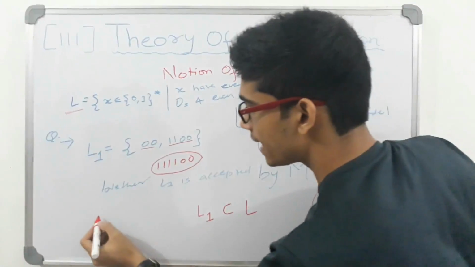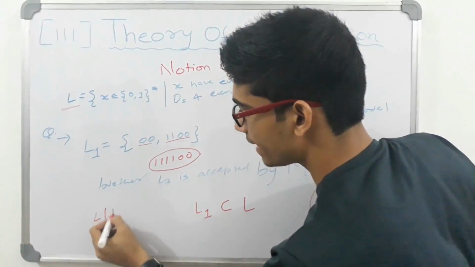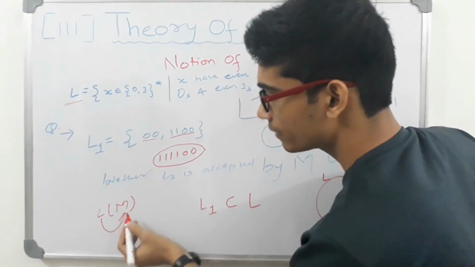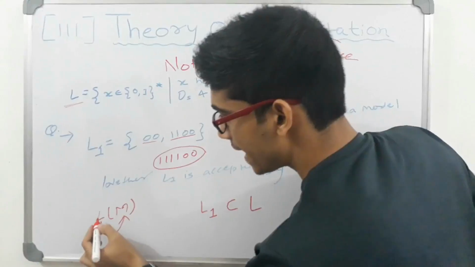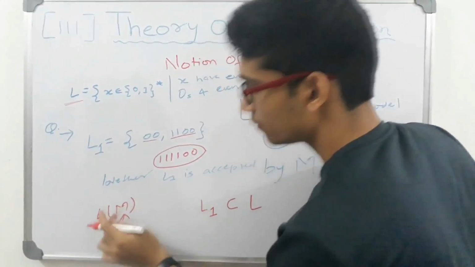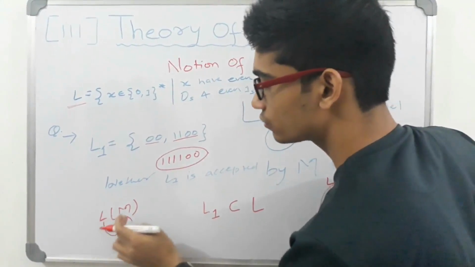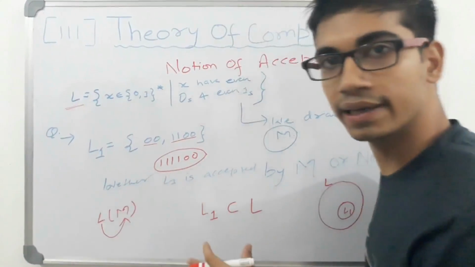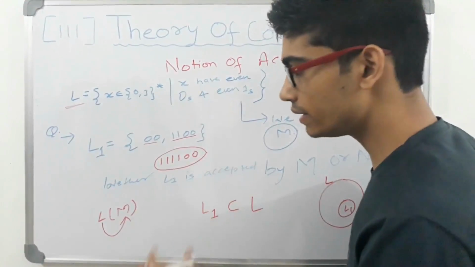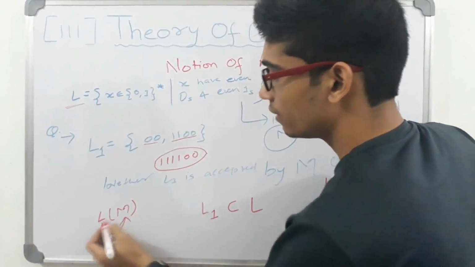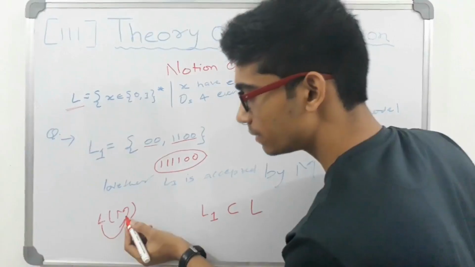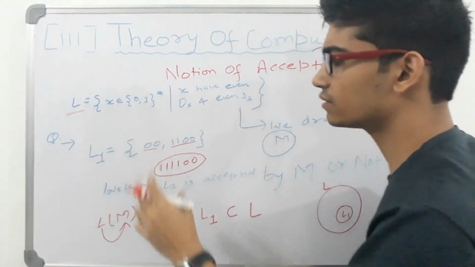Whenever I say that L is accepted by M, this means every valid string belonging to L should be accepted by M, and all other strings should be rejected.